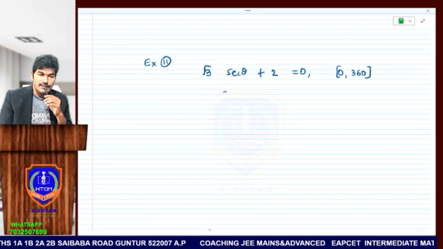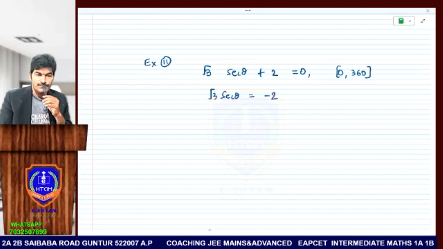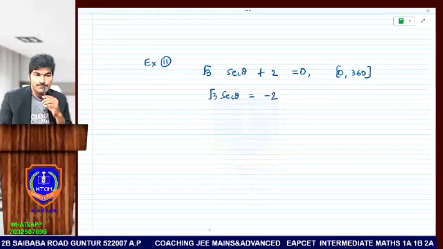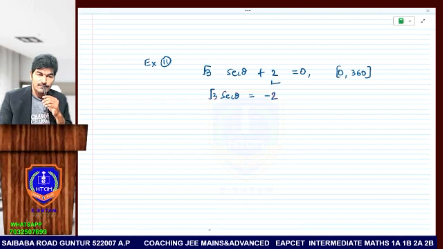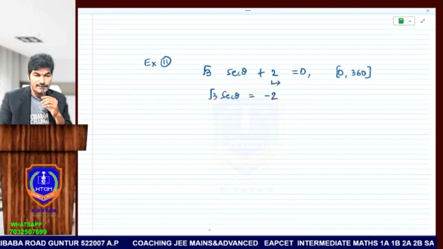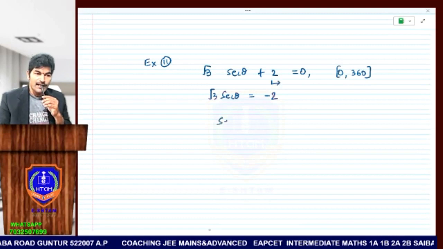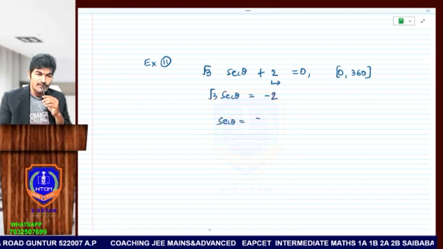So root 3 secant theta equal to minus 2. I just moved this plus 2 to the right hand side. It will be minus 2. And secant theta will be how much? Minus 2 by root 3.